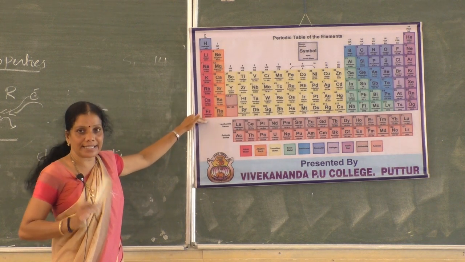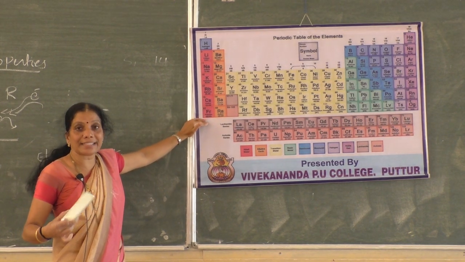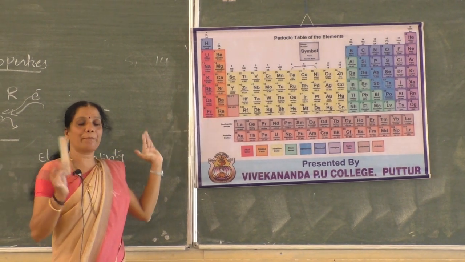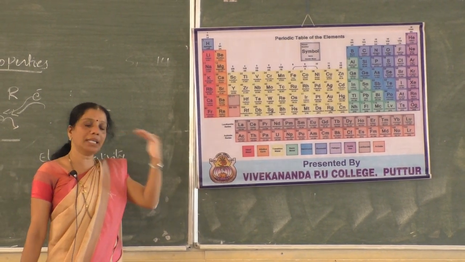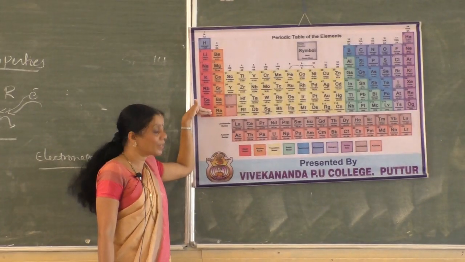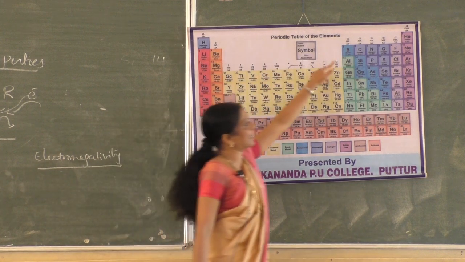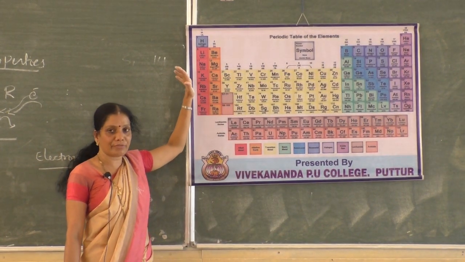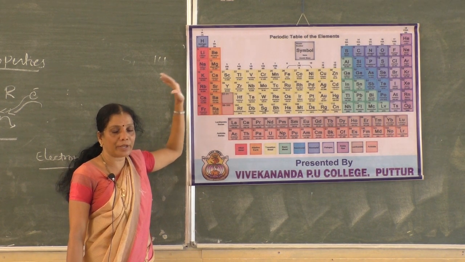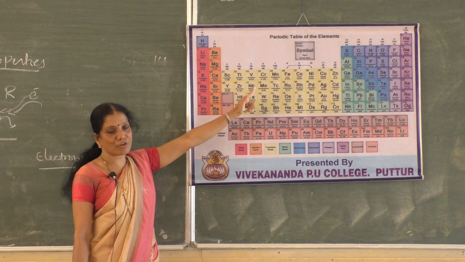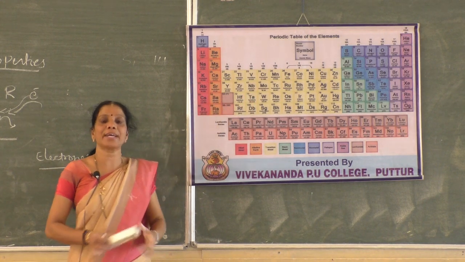Electropositive character increases, which means tendency to lose the electron is more. Metallic character increases down the group from top to bottom, but metallic character decreases along the period from left to right. Reason we have studied. Atomic radii decrease from left to right. Nuclear force of attraction increases.